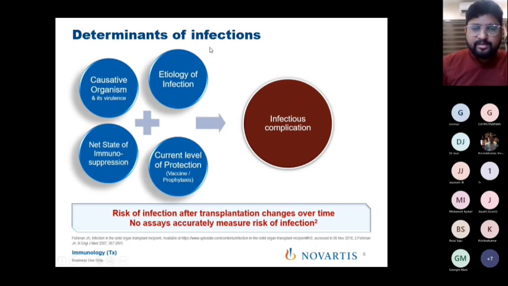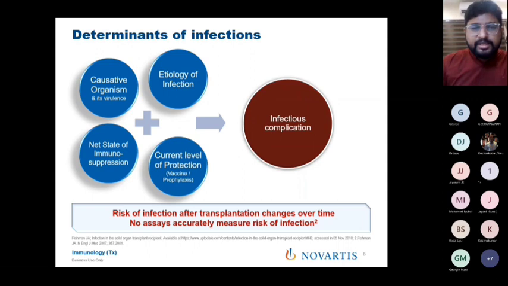So basically, in the upper column, both the causative organism and its virulence and the etiology of infection are understood. But what is more important is to understand the concept of net state of immunosuppression and the current level of protection the patient has. Whether he is vaccinated very well, and whether post-transplant he got proper infective prophylaxis for infections like CMV.